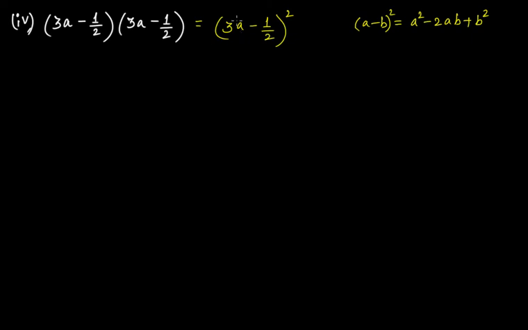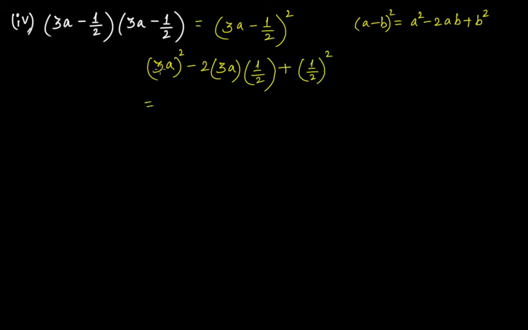So here a is actually 3a and b is actually 1 by 2, therefore this becomes 3a squared minus 2 multiplied by 3a multiplied by 1 by 2, then plus 1 by 2 whole squared.